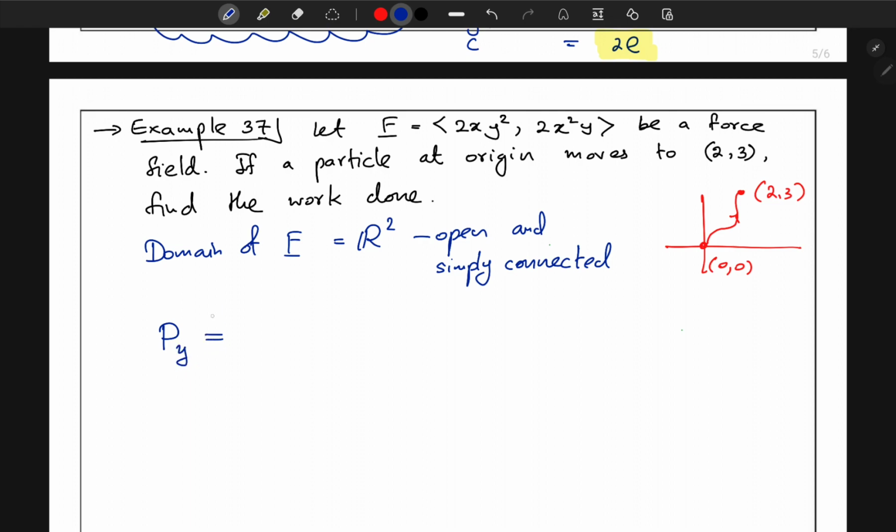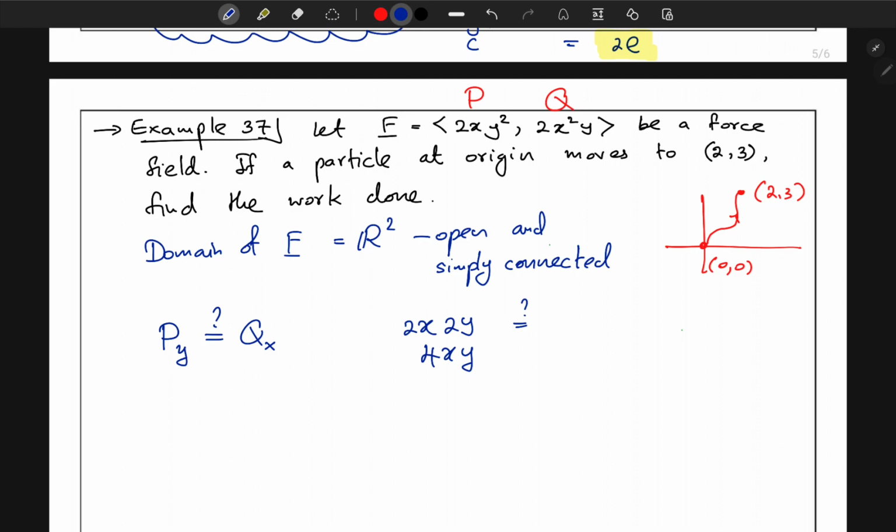Is P sub y equal to Q sub x? Let me write what P is. P is this, Q is the second coordinate. P sub y is 2x times 2y, so it is 4xy.